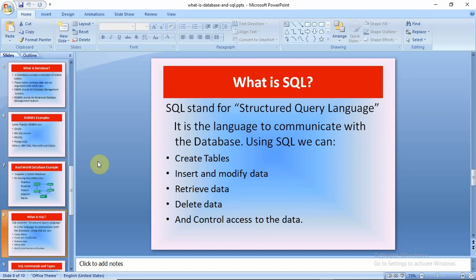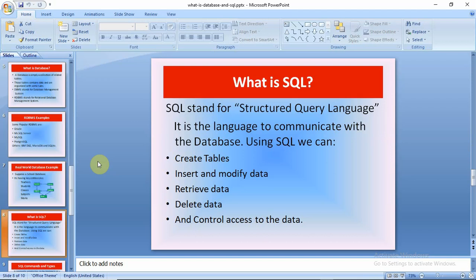Now what is SQL? SQL stands for Structured Query Language. It is the language to communicate with the database. Using SQL we can do, first, create tables. We can create tables using SQL.